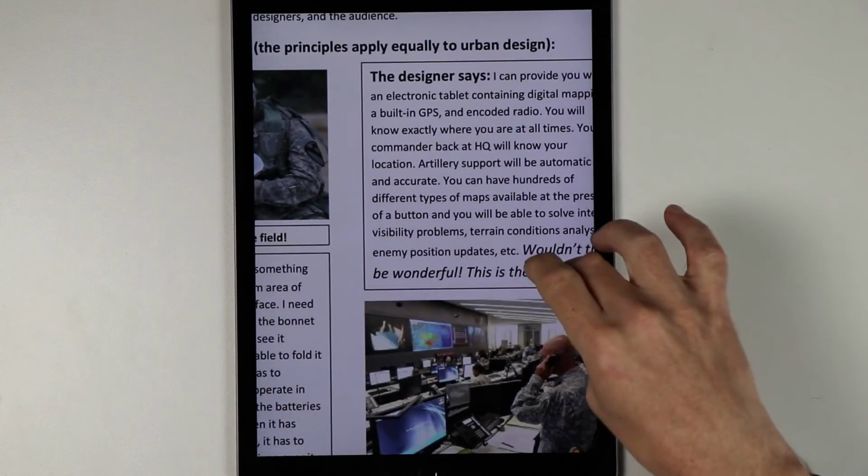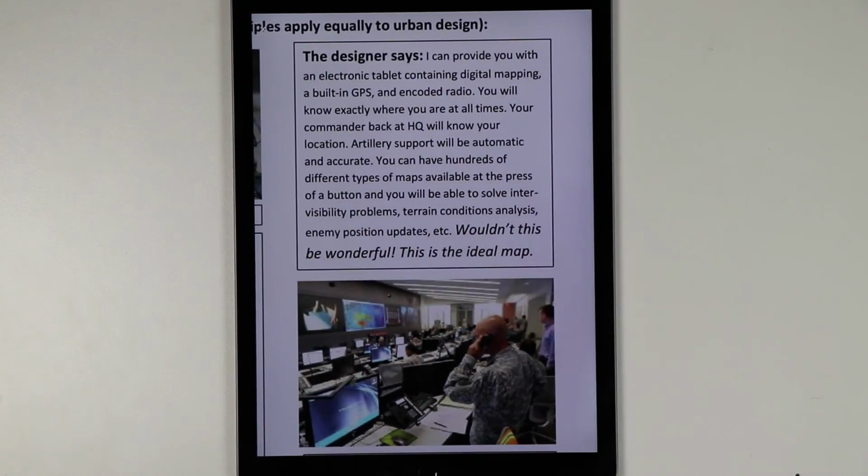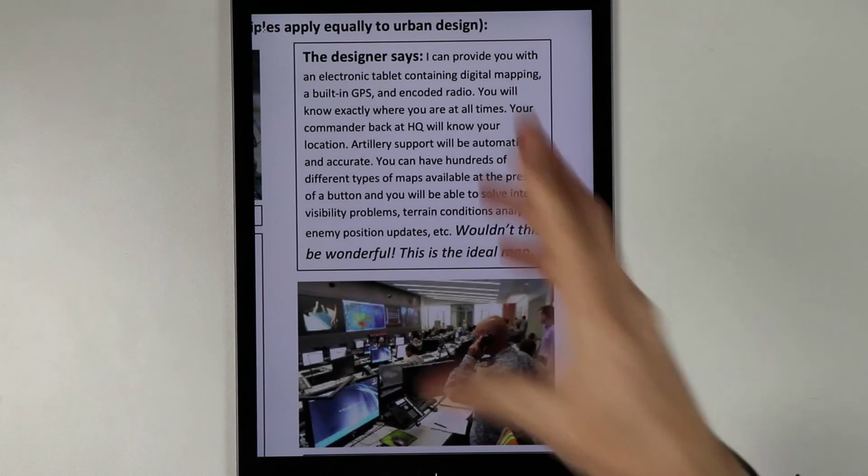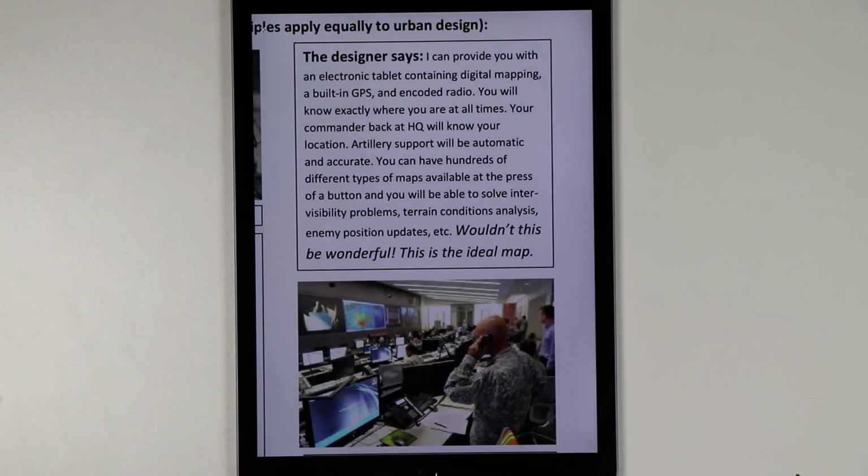Whereas map makers would say, or the designer of a map would say, well, I will give you an iPad device, something like this, that can do everything you want. It delivers information about very different kinds of topics you can choose from. It will be automatic, accurate, a lot of different maps available, just at the press of a button.